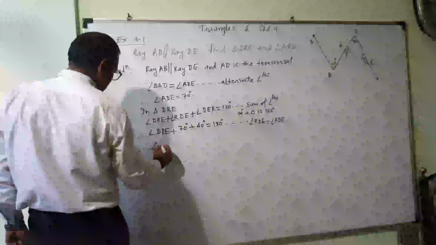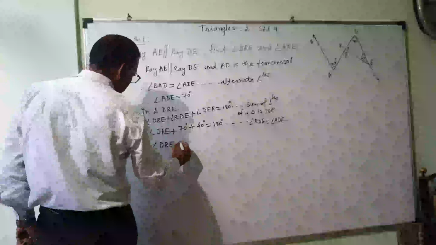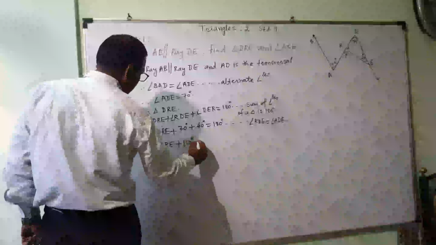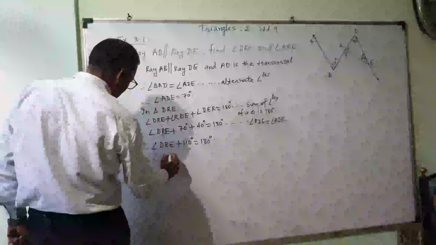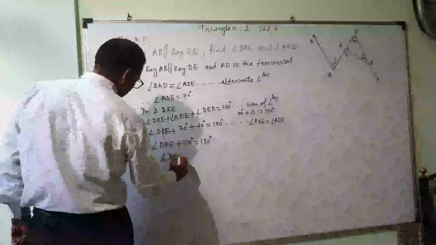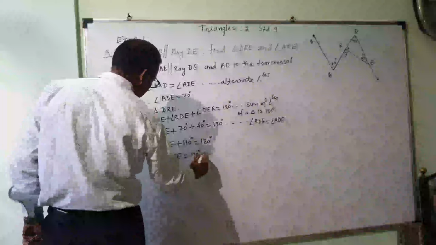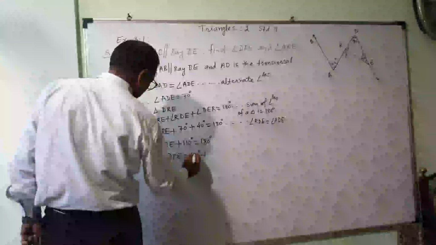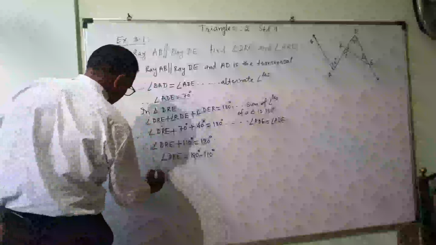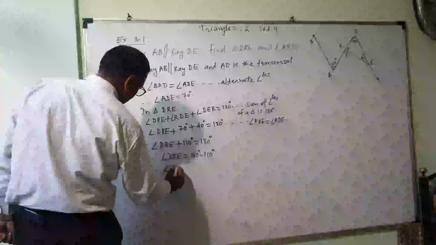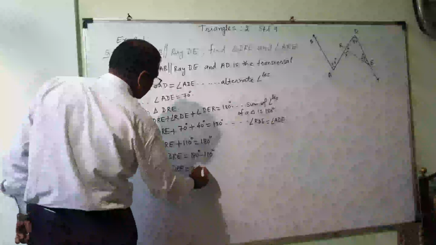Therefore, angle DRE plus 110 degree is equal to 180 degree. Therefore, angle DRE is equal to 180 degree minus 110 degree. Therefore, angle DRE is equal to 70 degree.